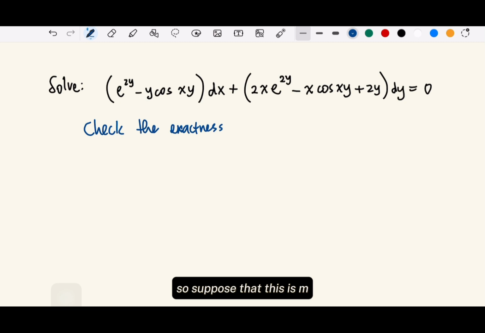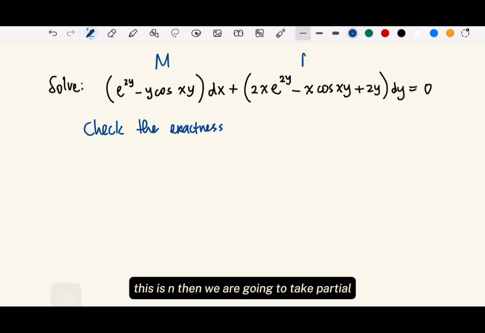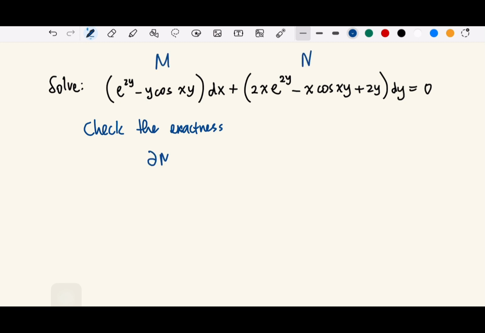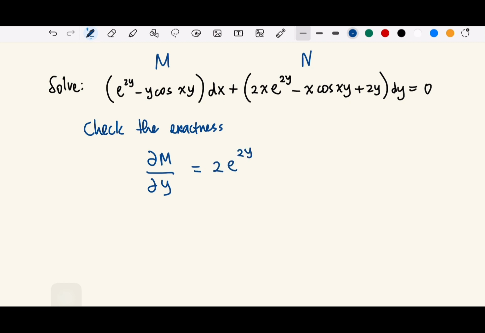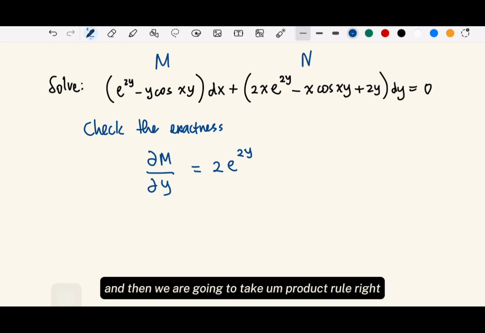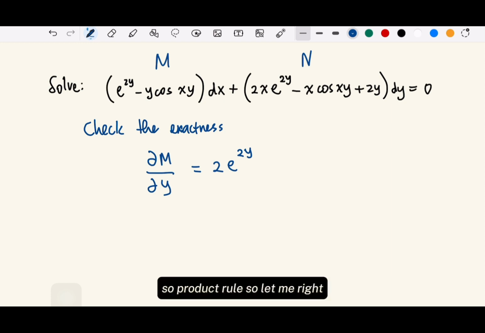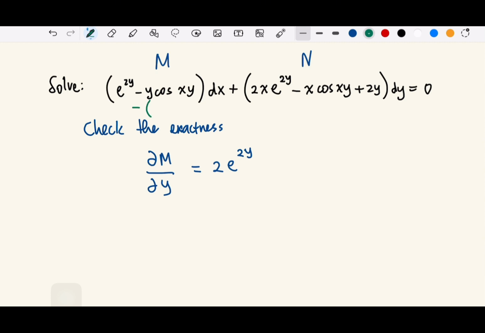So suppose that this is M, this is N, then we are going to take the partial of M with respect to y, which equals 2e to the power of 2y, and then we are going to take the product rule, right? So let me write here first just to check.